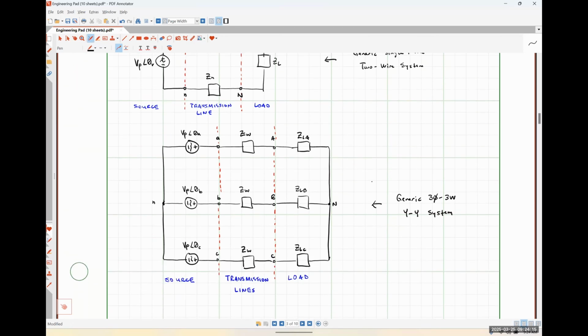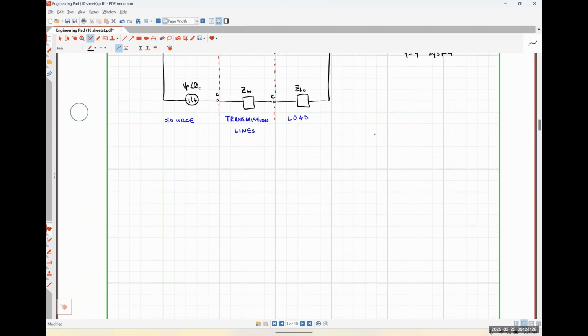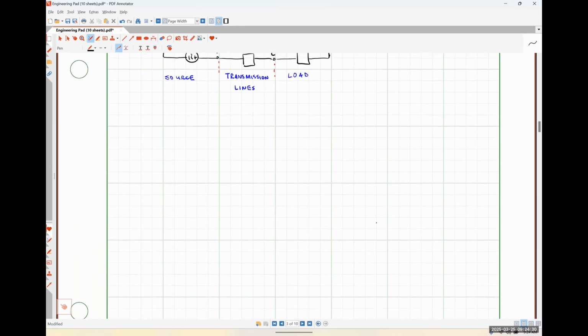So I want us to look briefly at how three-phase voltages are generated. Okay. So I'm going to try to draw a picture here, and I'm going to pre-apologize for how utterly bad this is. Okay.